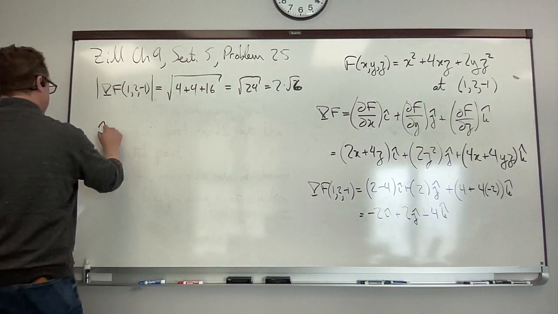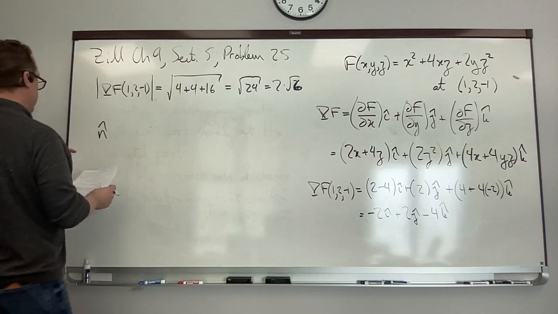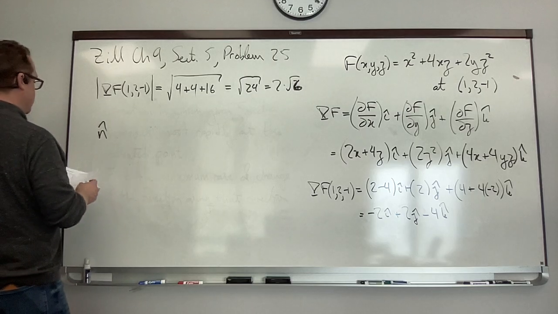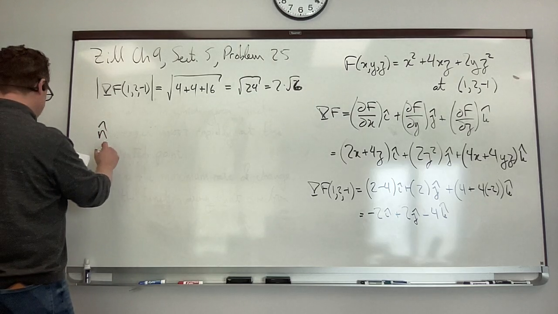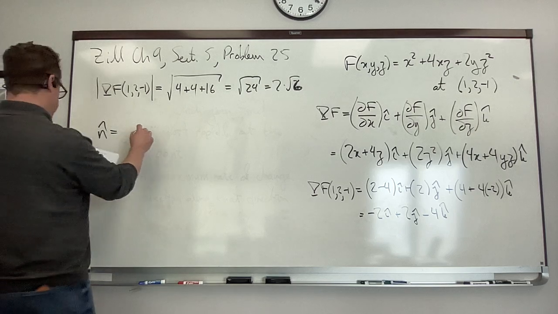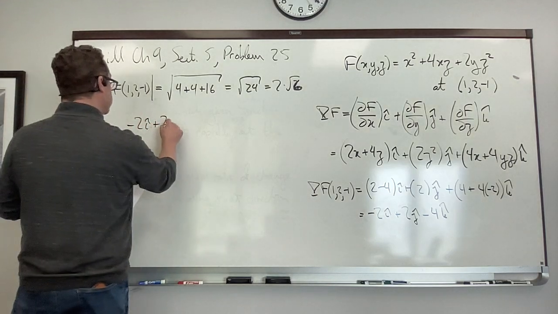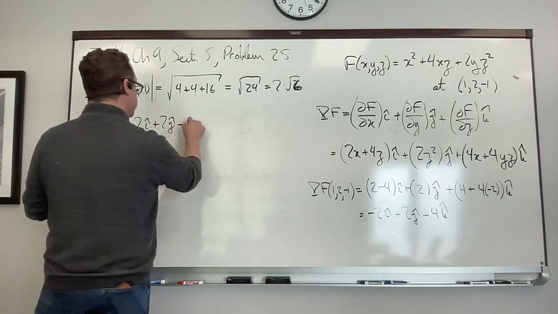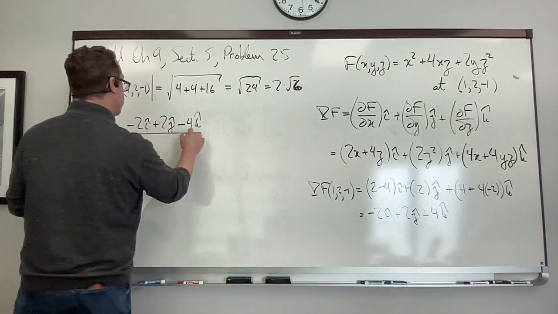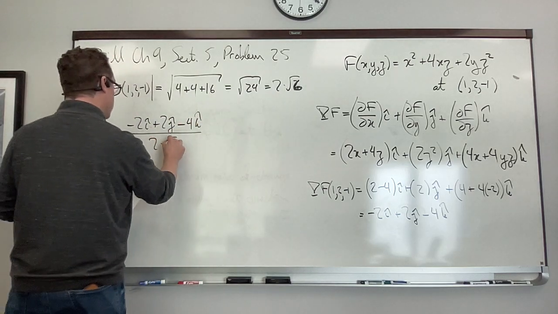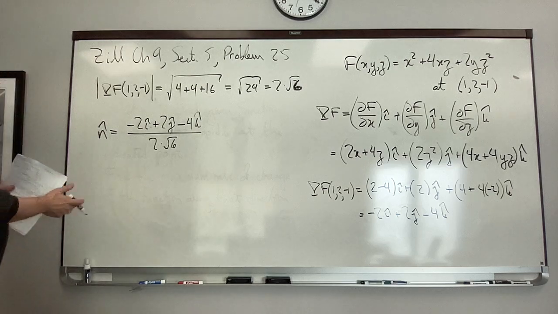So if we say n hat, and normally we'll use this as a normal, but we'll just call this vector n, it's minus 2i plus 2j minus 4k divided by the magnitude of that vector. And that is a unit vector.